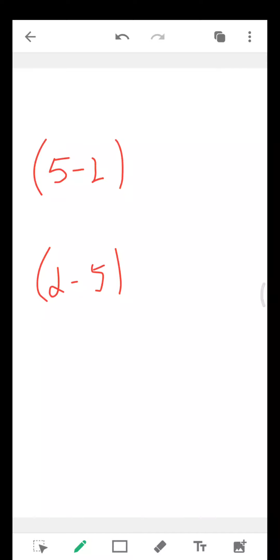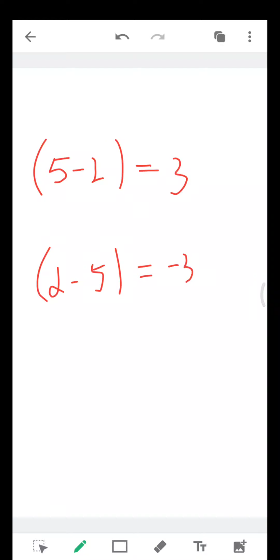Let's have a look at one example. I'll write 5 minus 2 and 2 minus 5. So what is the answer for 5 minus 2? That is 3. And what is the answer for 2 minus 5? Minus 3. So when you subtract like this, you are getting different answers.